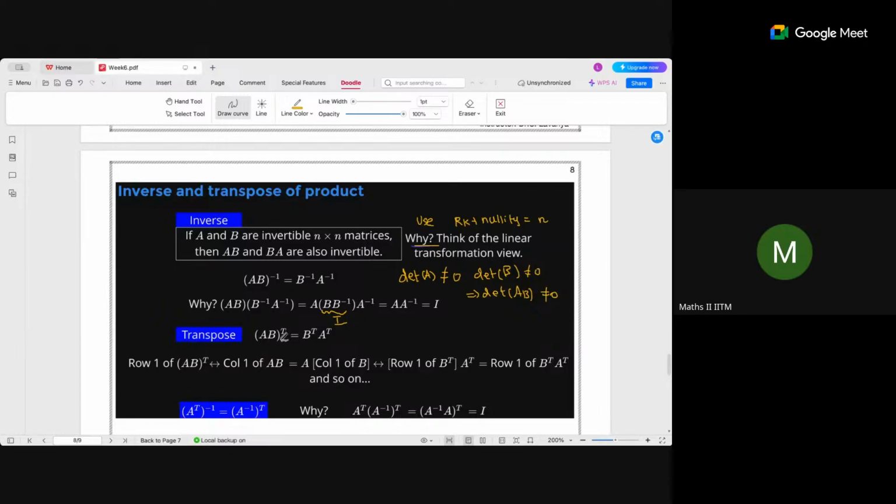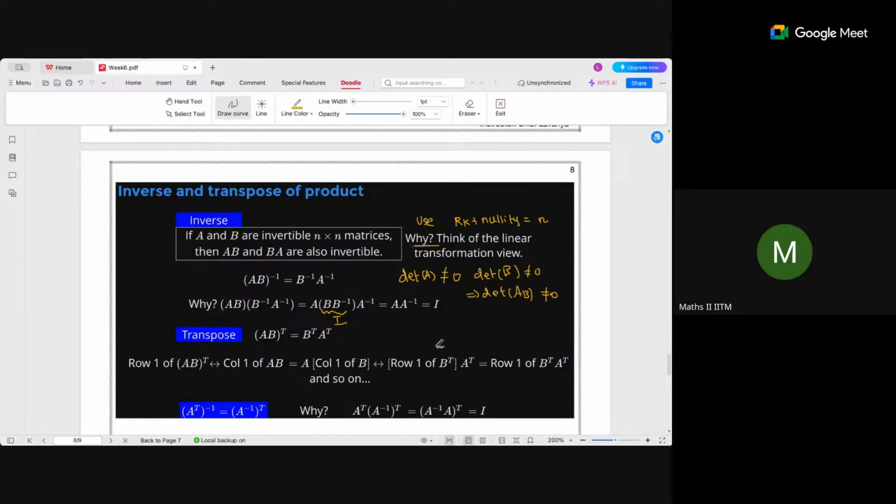Similarly, the same happens for the transpose. (AB) whole transpose is equal to B transpose A transpose. Remember, row 1 of (AB) transpose is column 1 of AB, because rows and columns are interchanged when doing the transpose. And column 1 of AB is a linear combination of the columns of B, which are again linear combinations of the rows of B transpose.